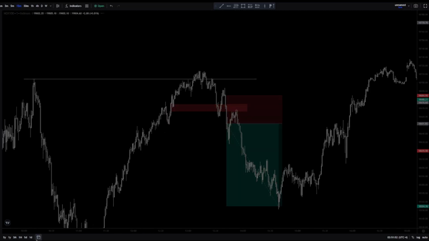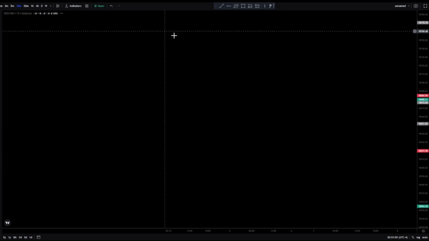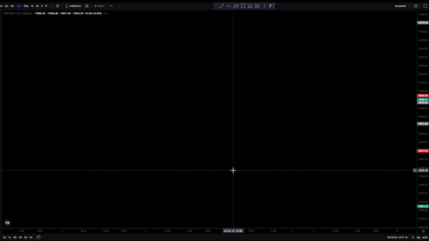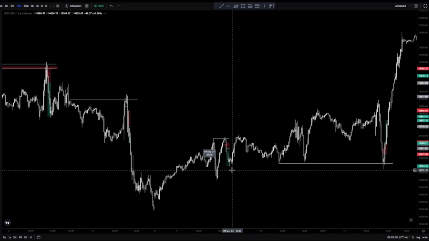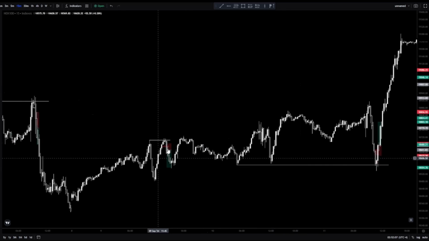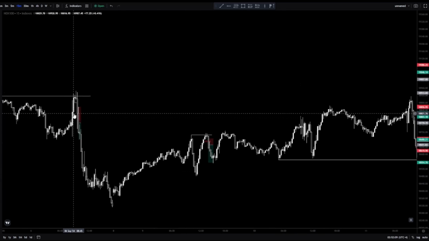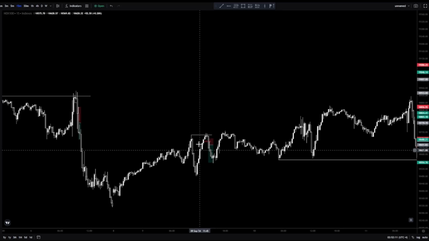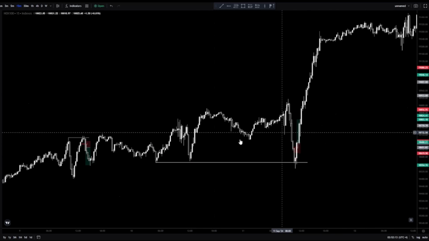Let me explain this. It was on Monday. The trade which I took was on Tuesday. Let me show you the Monday trade first, and you can go forward. It is too small to see. Yep. This was the 2022 model. This was the IFVG model, and this is the one which I took.